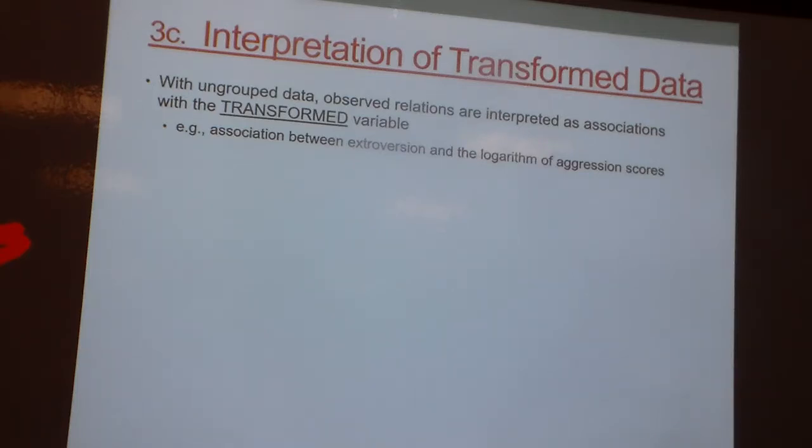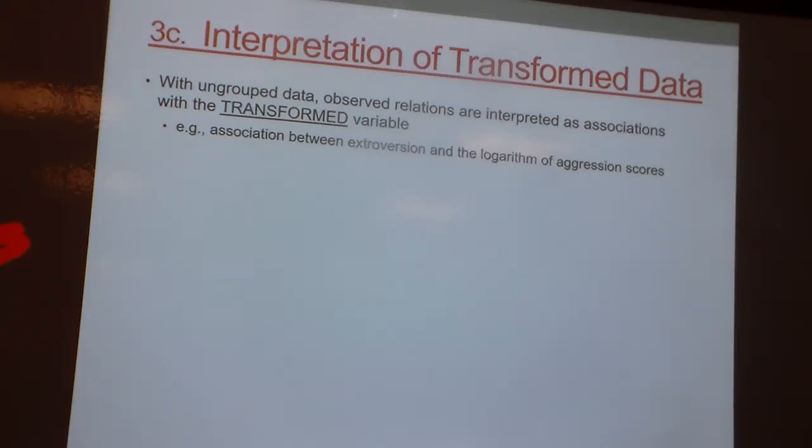So, interpretation of our transformed data, I mentioned this before. Anytime we start working with transformed data, we're making interpretations about associations with the transformed variable, right? It's not whatever outcome we were looking at before, it's a transformed outcome. And so we have to make sure that we're communicating that effectively in our write-ups. So again, if I log transform aggression scores, I'm not looking at the relation between extroversion and aggression.